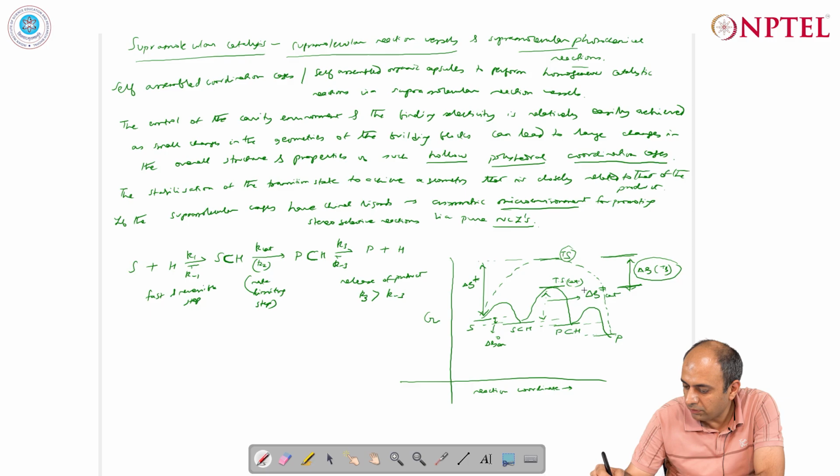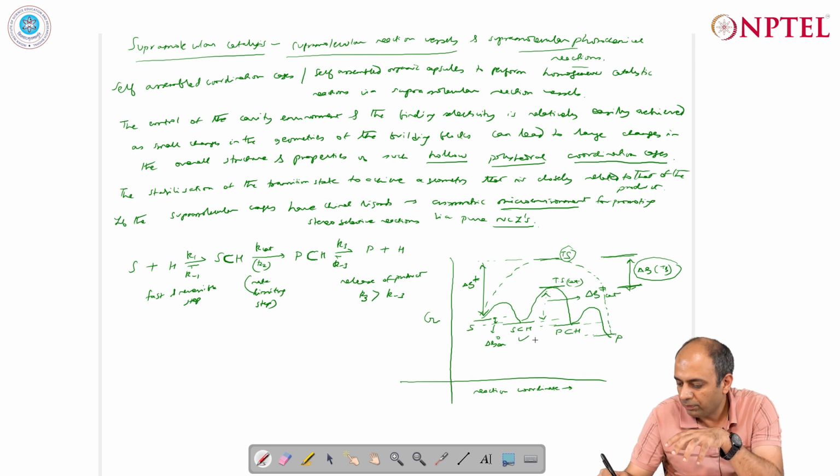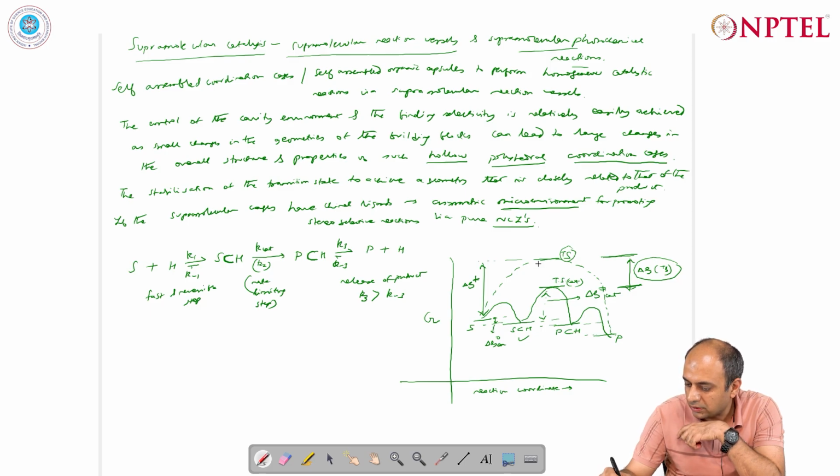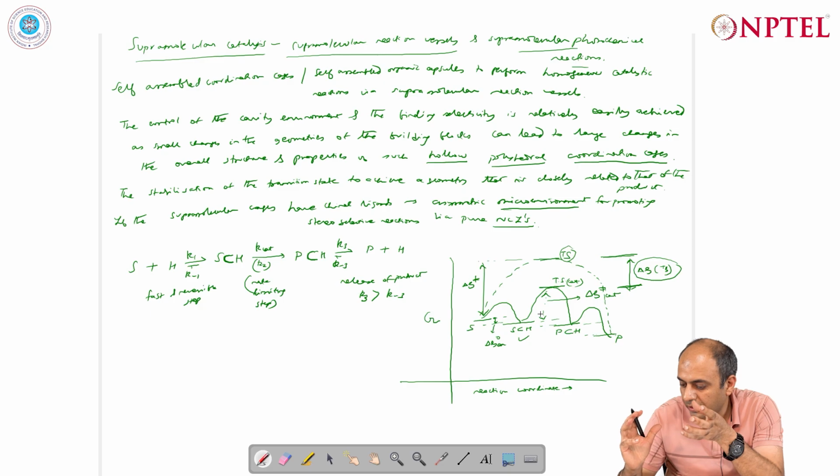So, when you have a catalyzed step which involves supramolecular catalysis, the initial step involves the binding of the substrate with the host, and now the reaction takes place, and this is the activation energy. So, right away you can see that there is a lowering of the activation energy when you have got the supramolecular cavity or the supramolecular cage which actually binds to the substrate.